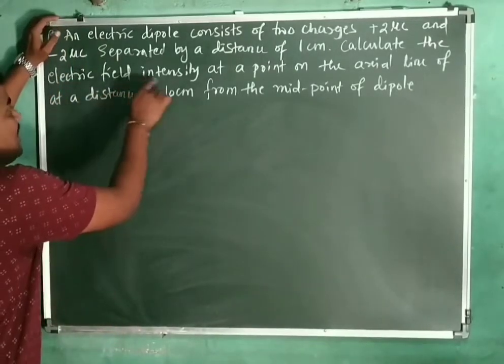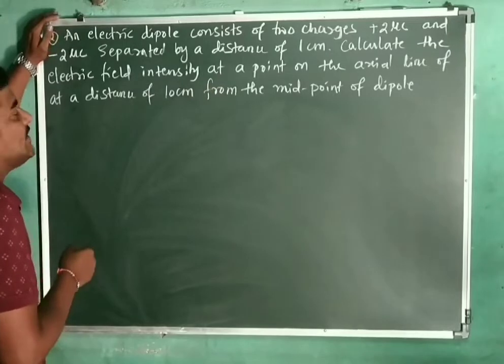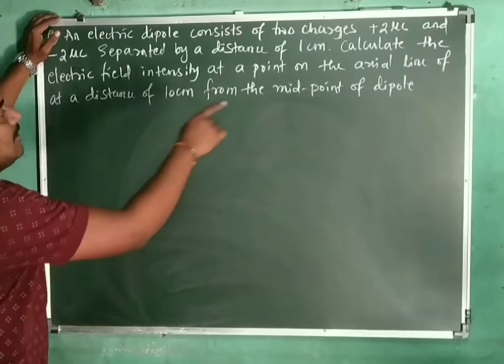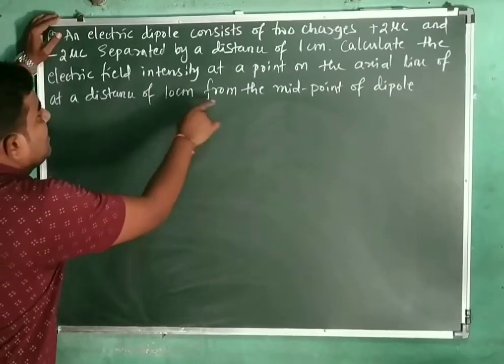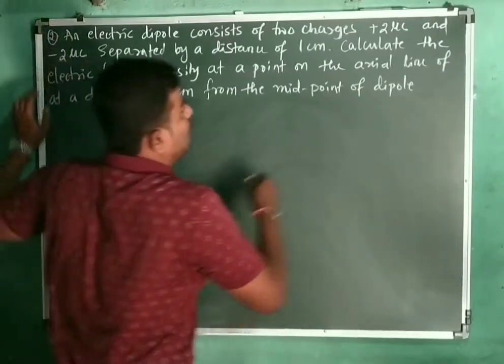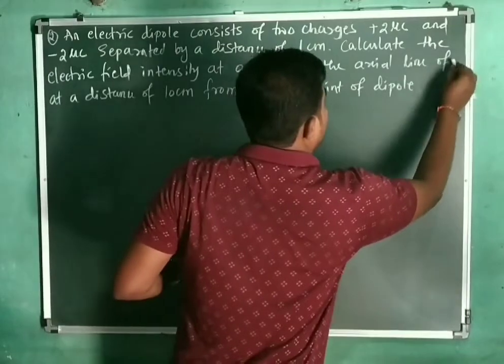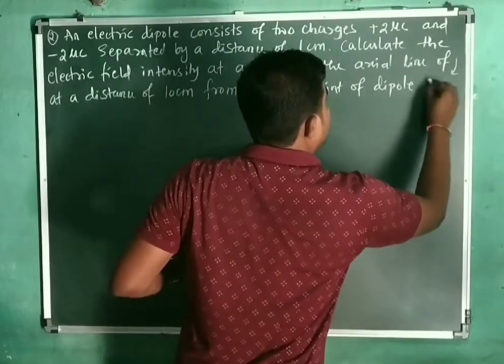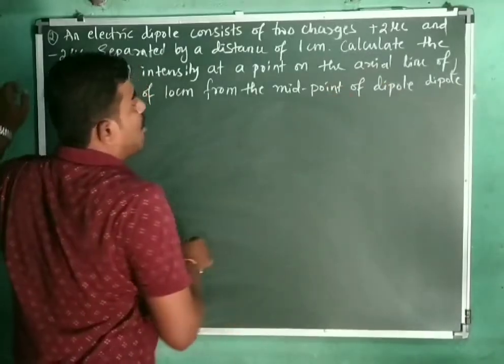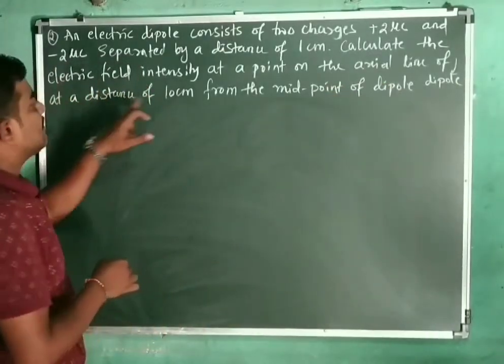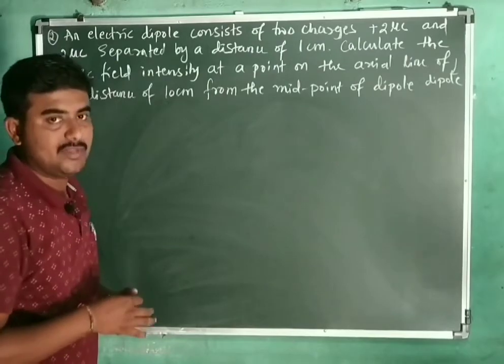Calculate the electric field intensity at a point on the axial line of the dipole at a distance of 10 centimeter from the midpoint of the dipole.